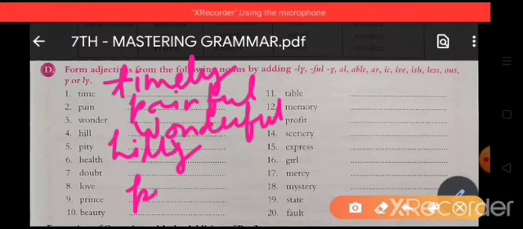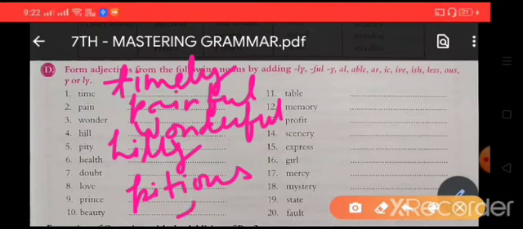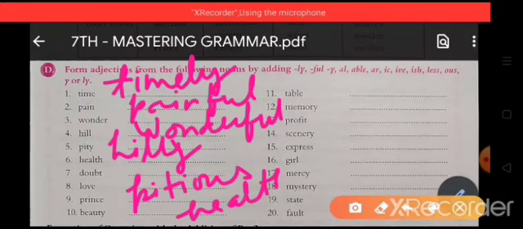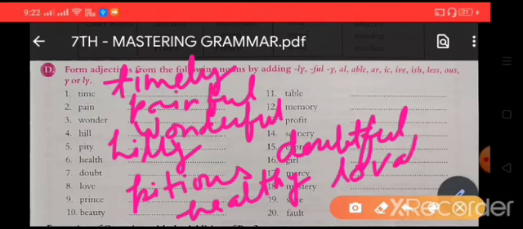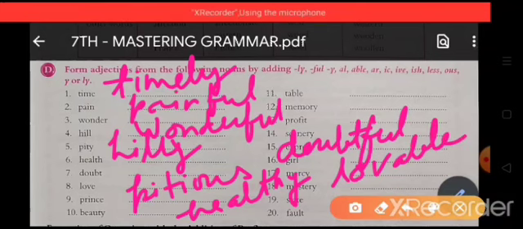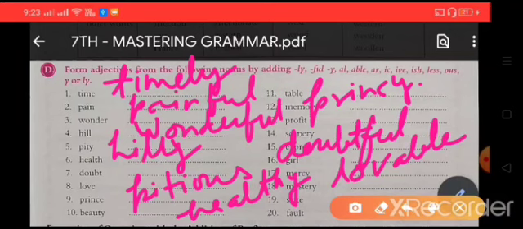Pity, piteous. Health, healthy. Doubt, doubtful. Love, lovable. Now prince, princely. Beauty, beautiful.